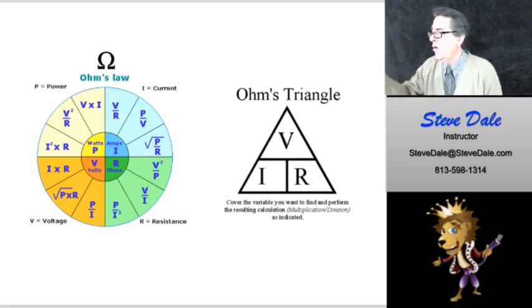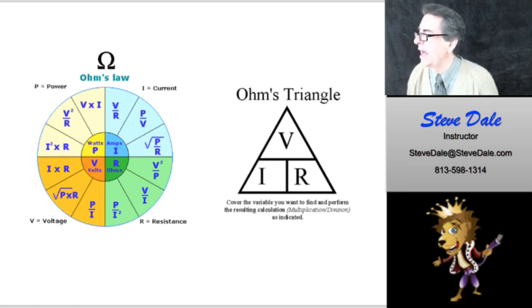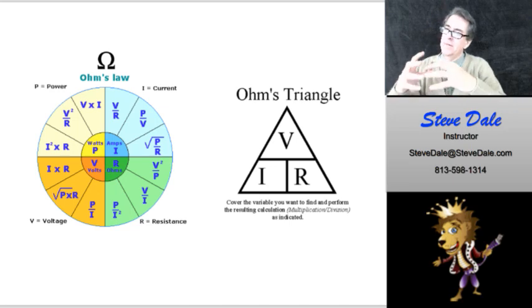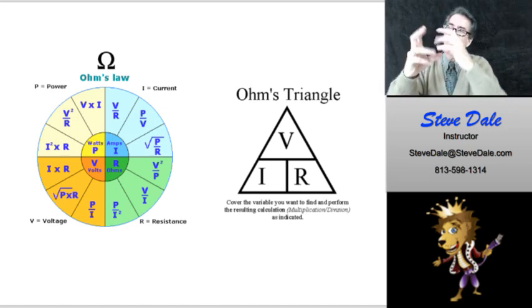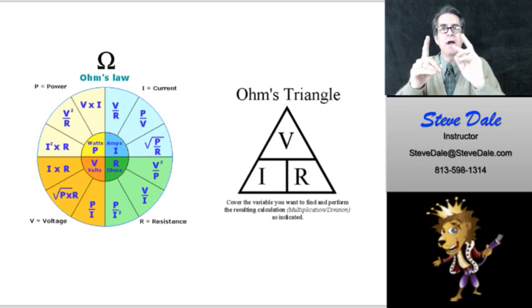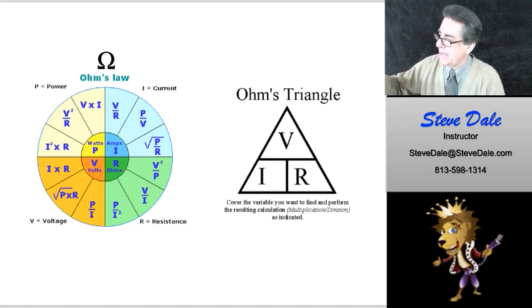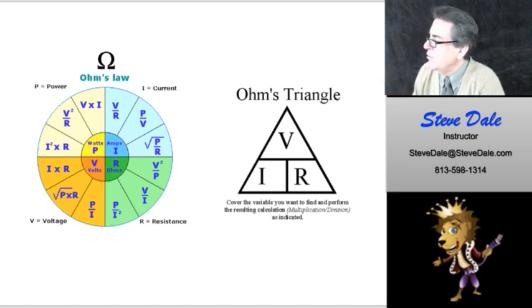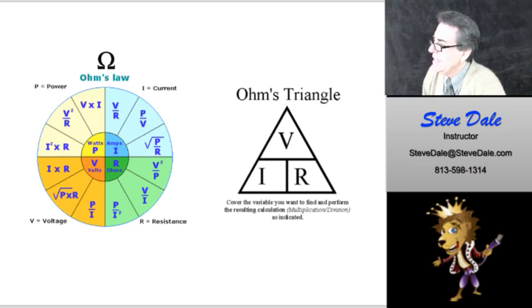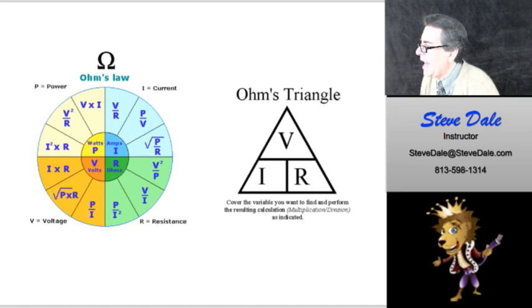So in Ohm's law, he discovered that there's a proportional relationship between voltage, current, and resistance. When you change one, it affects the other. Okay, so he came up with this formula that works. For example, if you look at the Ohm's wheel here and you look into the center of the Ohm's wheel, see where it says watts, amps, volts, and resistance.